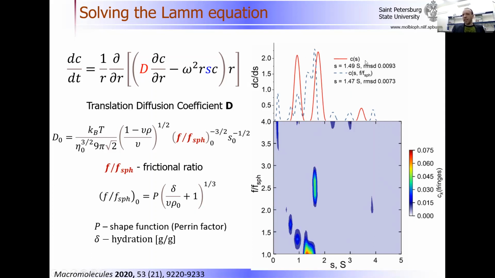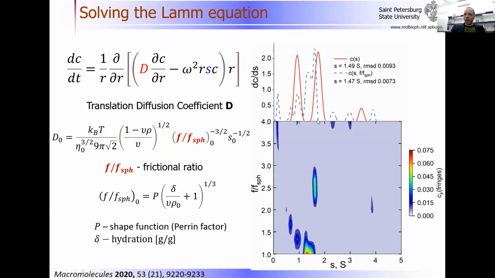I would say the CS model is intrinsically confined within the spherical model, and the 3CS model treats it as a sphere, which gives you a distribution of the diffusion coefficient, in contrast to the initial CS model, which only gives you an average diffusion coefficient of all the species in the solution.